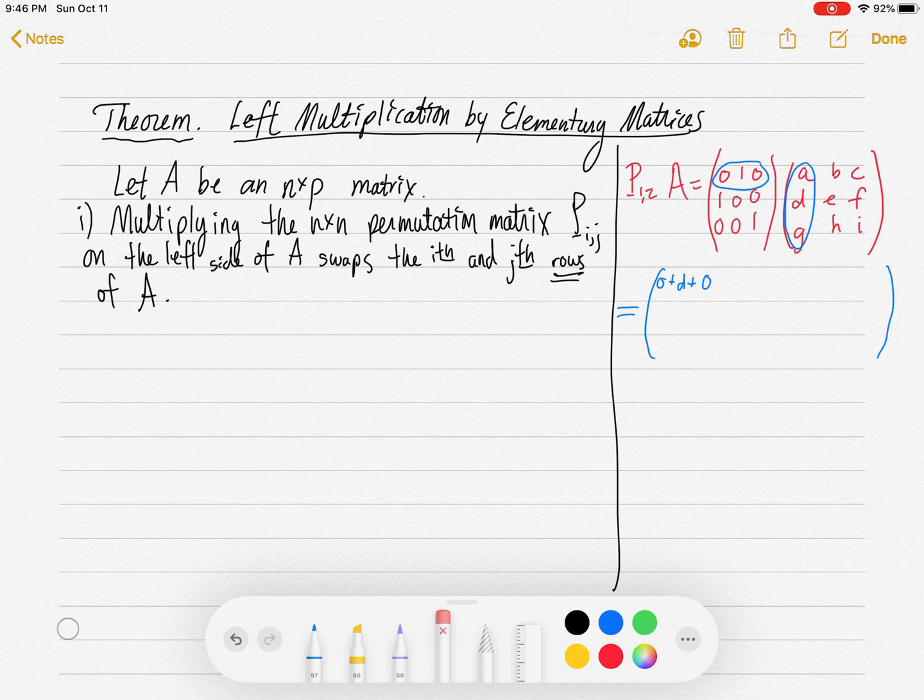And so I'm looking for the product of these two matrices. I'm going to take the first row and the first column entry. 0 times a is 0, plus 1 times d is d, plus 0 times g is 0.